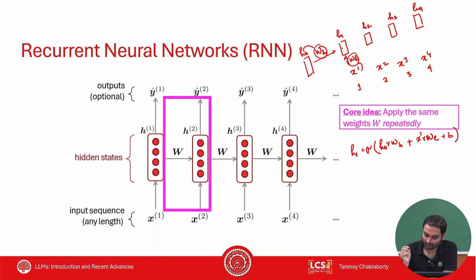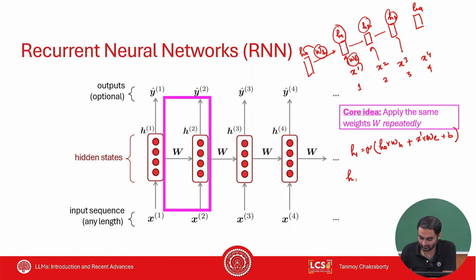So now, look here. H1 is determined by H0 and X1. H2 is determined by H1 and X2. H3 is determined by H2 and X3, and so on and so forth.